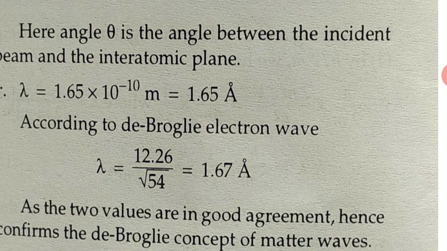According to the de Broglie concept of matter waves, for practical results, when the electrons are accelerated to about 54 volts in this experiment, we get lambda is equal to 12.26 divided by square root of V. The square root of 54 gives a value of 1.67 angstrom units.